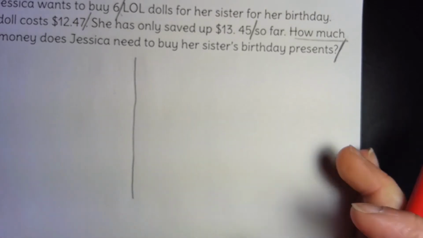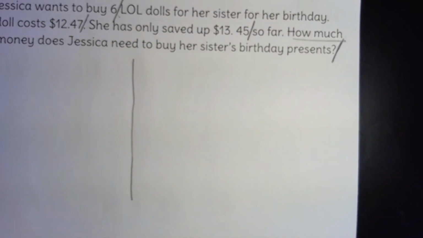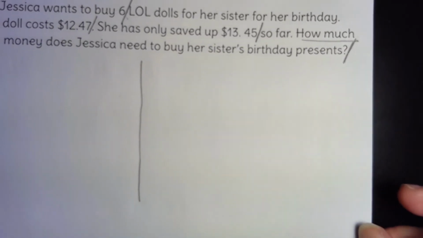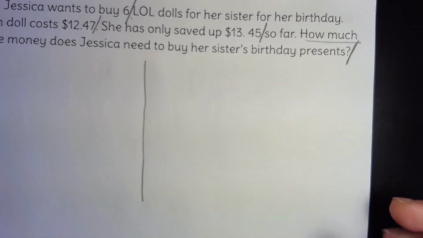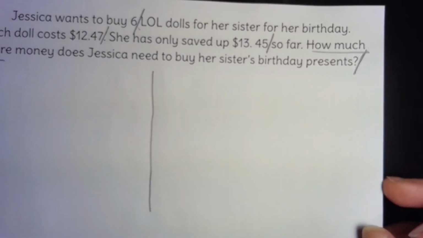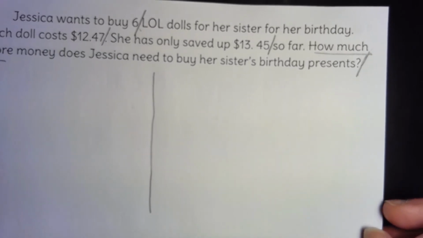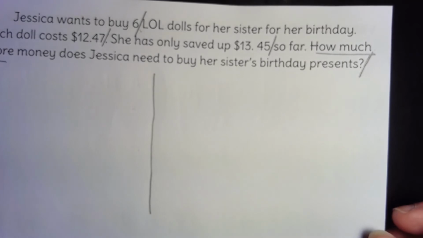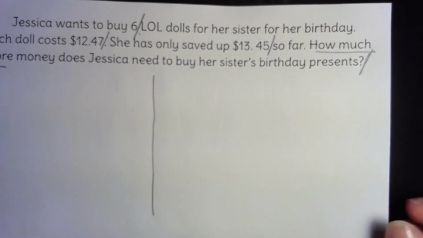I know there's a girl named Jessica, and I know that she wants to buy her sister 6 LOL dolls for her birthday. And I know the cost of each doll, right? Each doll costs $12.47. So let's do something with that. If she's buying 6 of those dolls and they cost $12.47 each, let's figure out how much the birthday presents are going to cost in all.